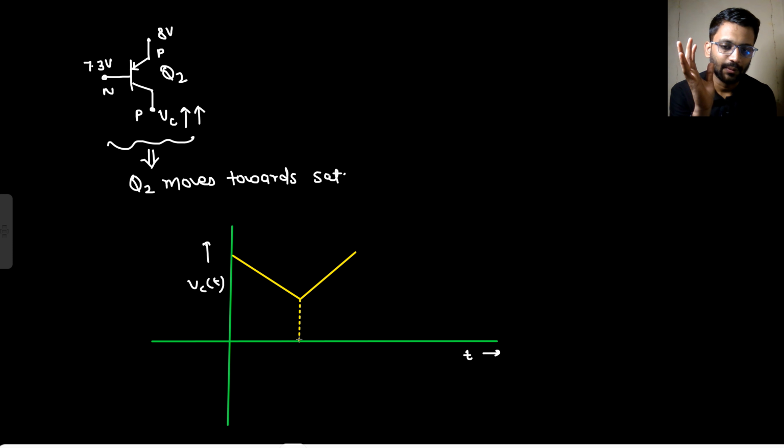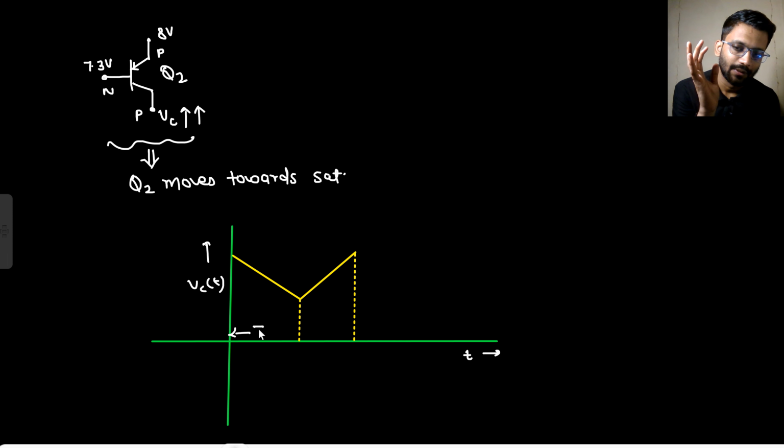This window was known as T on, and this window I can call T off. This time we showed by T1, this time we showed by T2. So eventually T is equal to T1 plus T0.